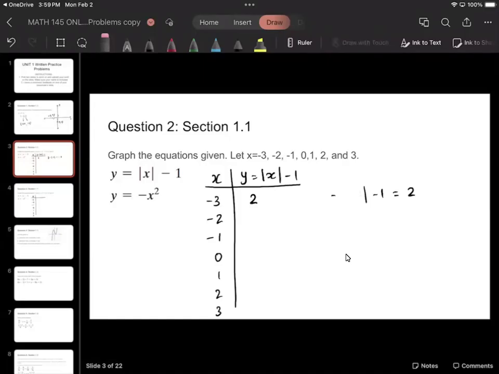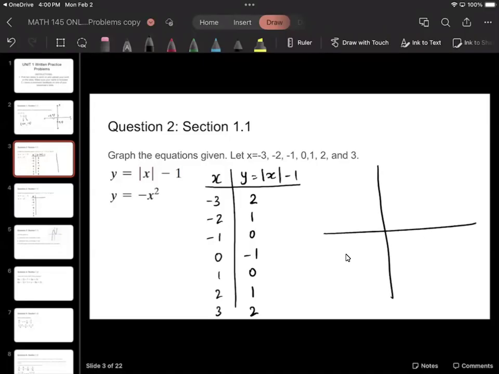And likewise, you continue filling it up. For -2, absolute value is 2, 2 minus 1 is 1. For -1, absolute value is 1, 1 minus 1 is 0. Absolute value of 0 is 0, 0 minus 1 is -1. 1 minus 1 is 0, 2 minus 1 is 1, 3 minus 1 is 2.